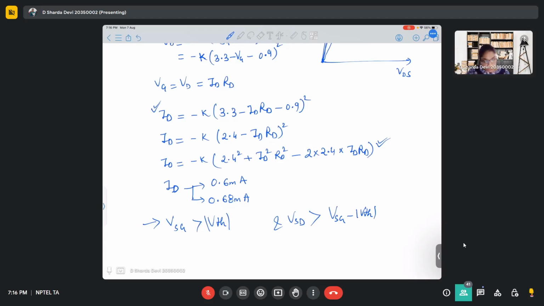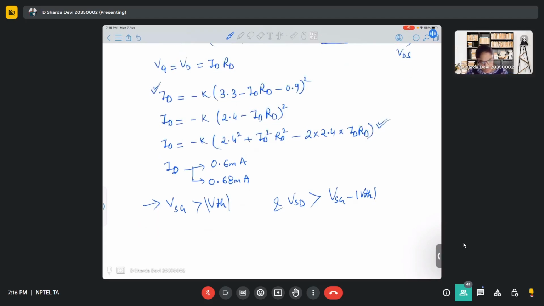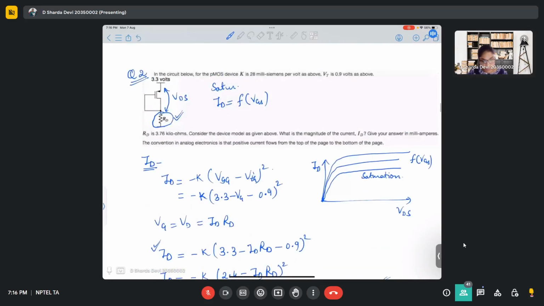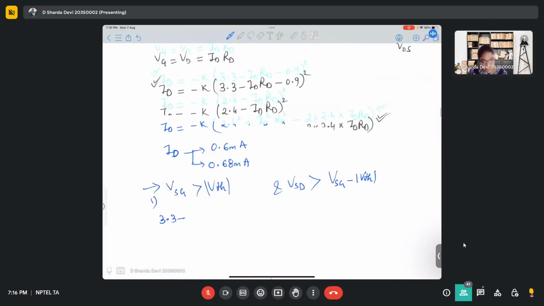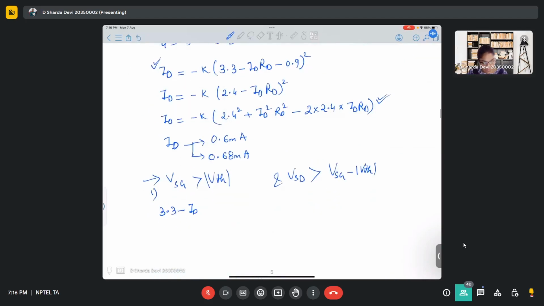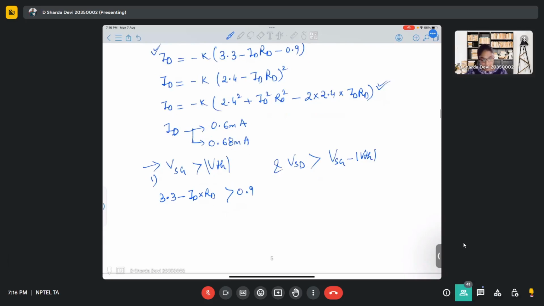So let's look at the first condition, that is VSG should be greater than VTH. So VS is 3.3 minus VG, which is ID into RD. This should be greater than 0.9.